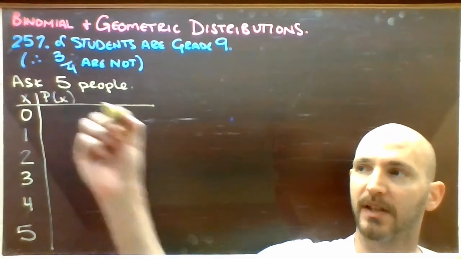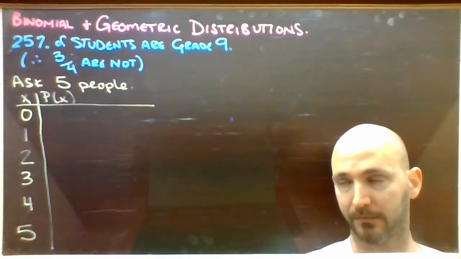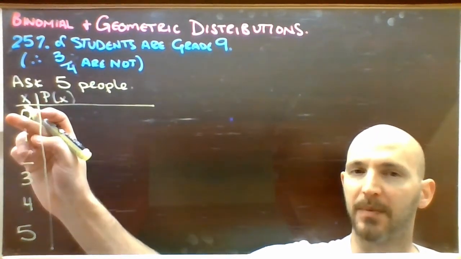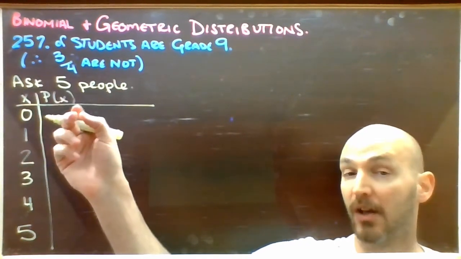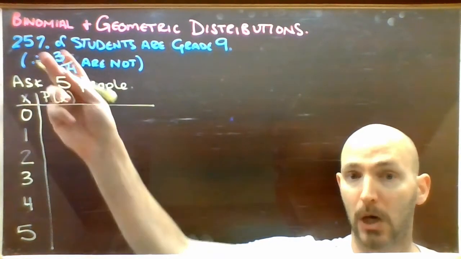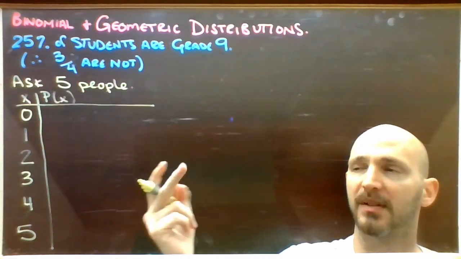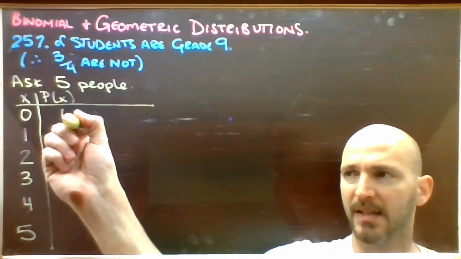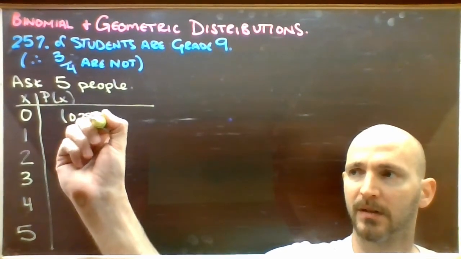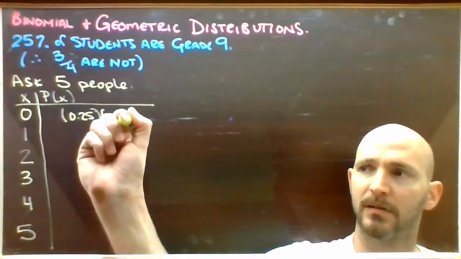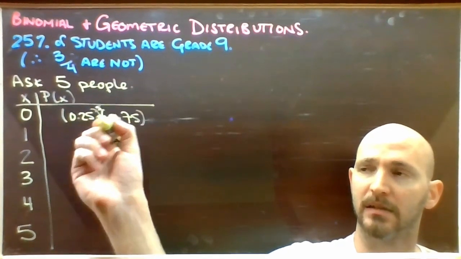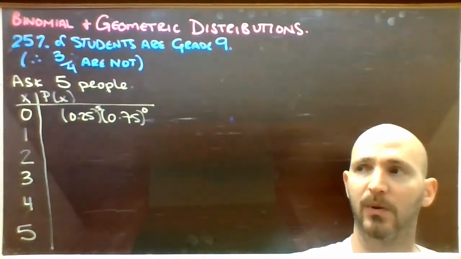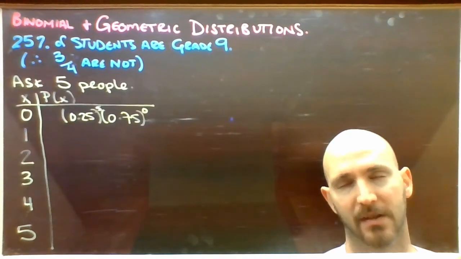Now, to calculate the probabilities, if none of my people are not in grade 9, that means that all of them are in grade 9. Right? These things are mutually exclusive. So I must have five grade 9s and no, let's call them senior students just to save the confusion.